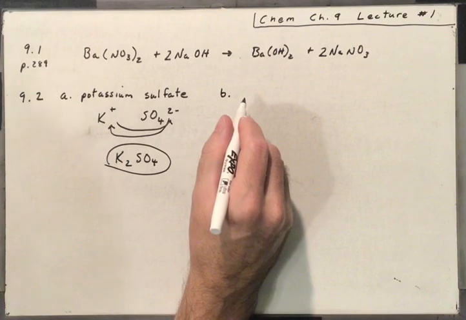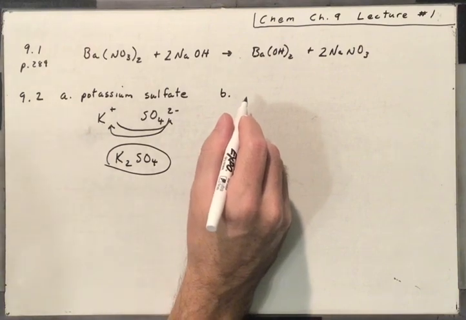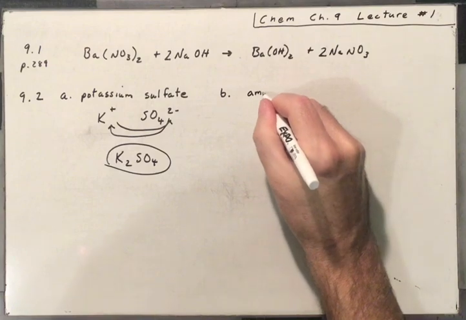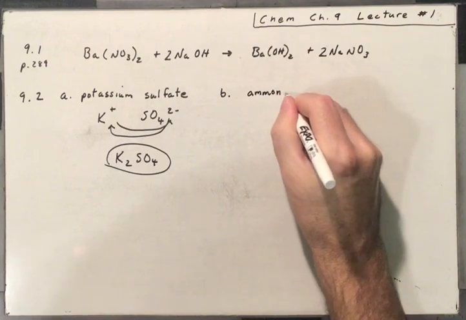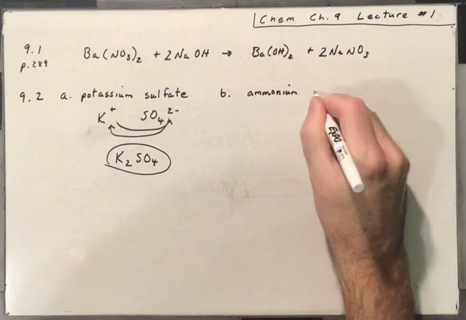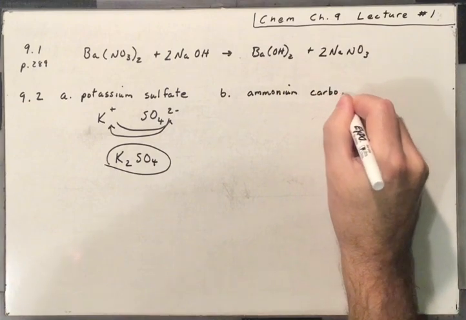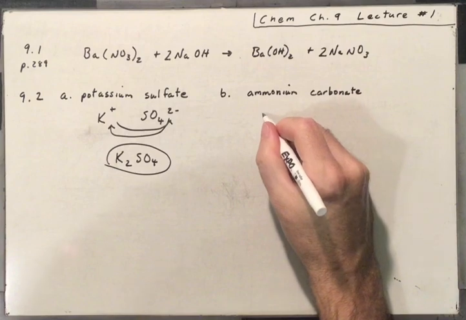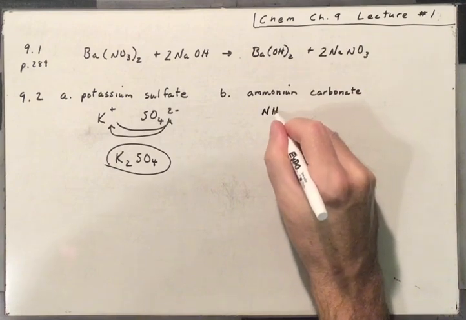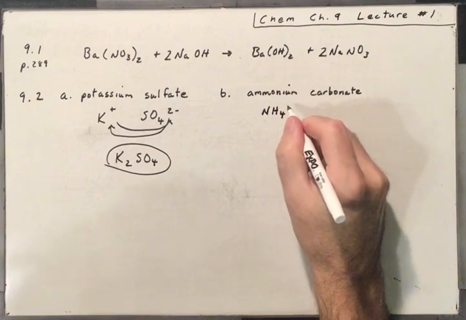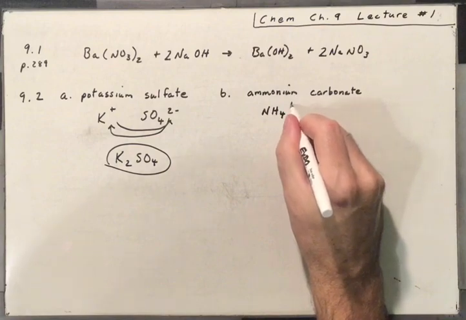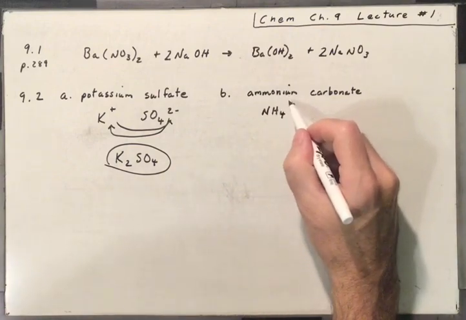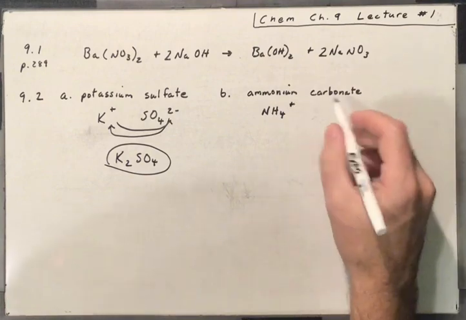All right, the second one that we are going to do is ammonium carbonate. All right, ammonium, if you will look on your table, is NH4+. Okay, so it's just one of the famous polyatomic ions on your notes.